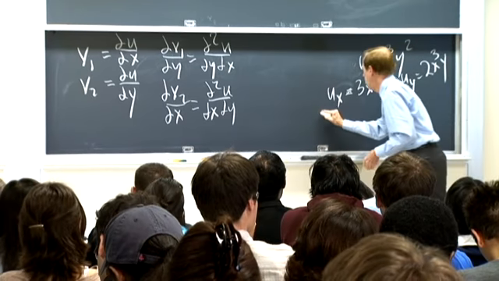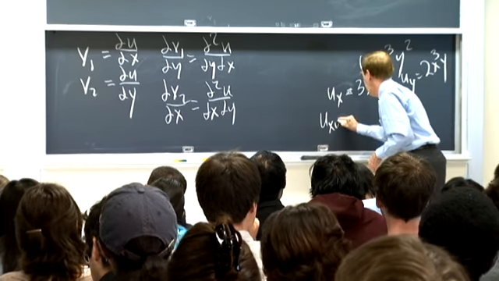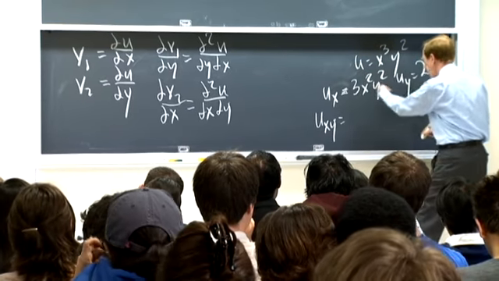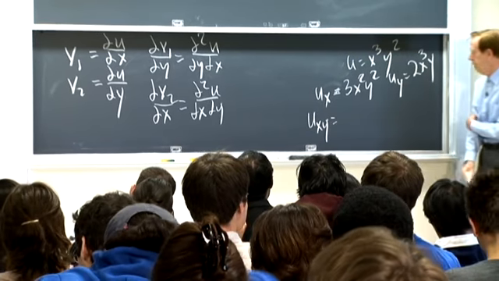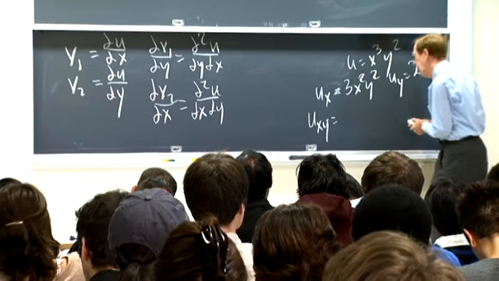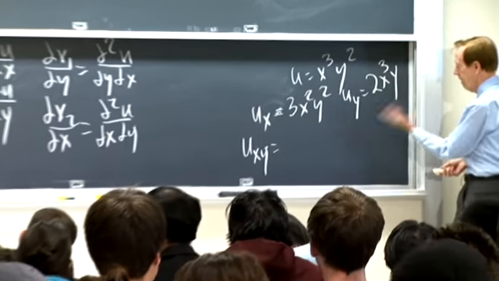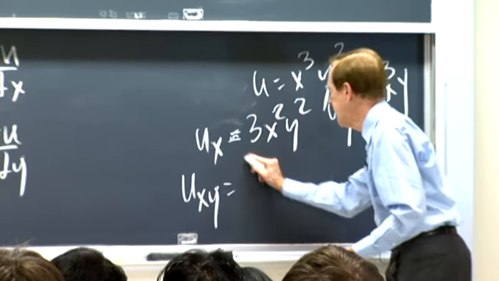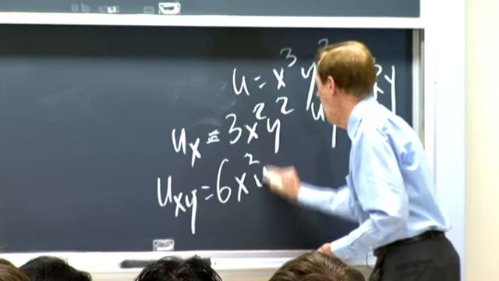And now let me do u x y, the y derivative of this. Well, it's been a long weekend, but hey, we can do these. The y derivative of that is going to be 6x squared y.